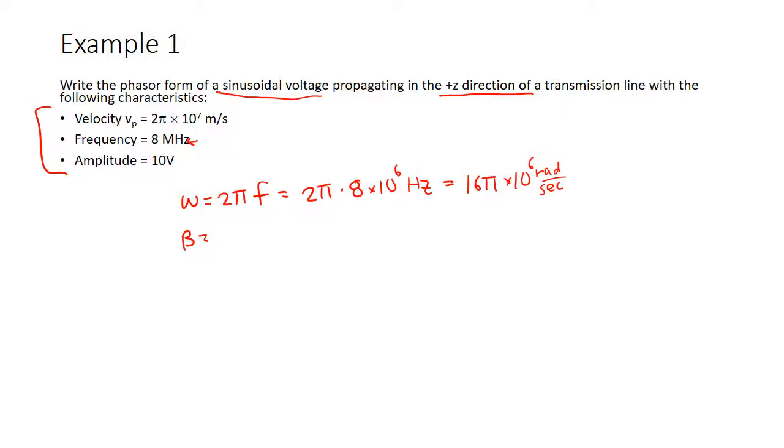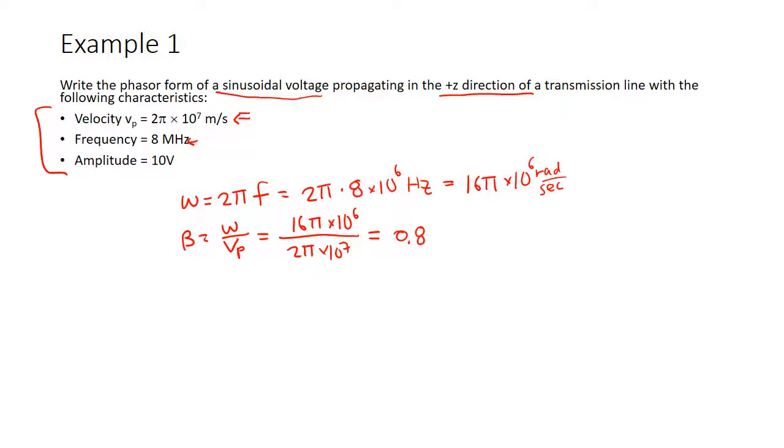And beta, remember, in the earlier slide we defined as omega divided by Vp, and conveniently the propagation velocity was already provided here. So using the omega that we just found, we have 16 pi times 10 to the 6 divided by the velocity, which is 2 pi times 10 to the 7th, which gives us 0.8.